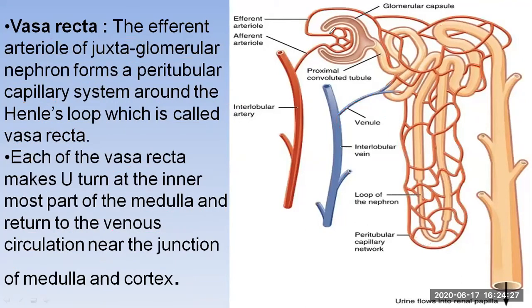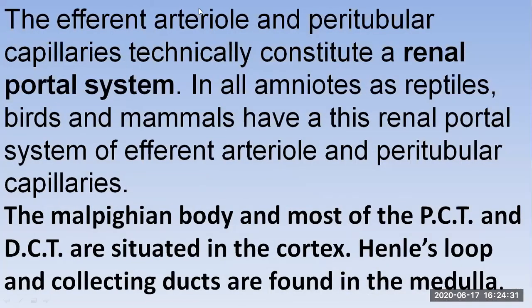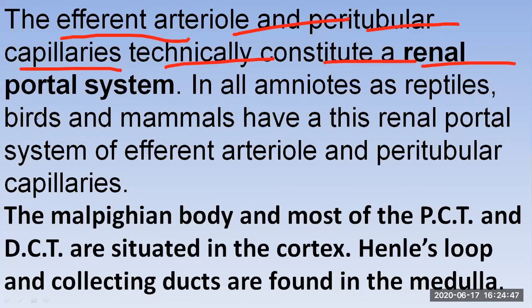Now we will see the next one, where they have given the efferent arteriole and peritubular capillaries. It is saying the efferent arteriole and peritubular capillaries technically constitute a renal portal system.